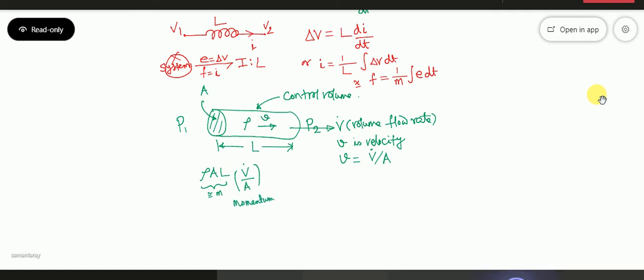We take its derivative with respect to time. If it is constant, then rho A will also cancel out.